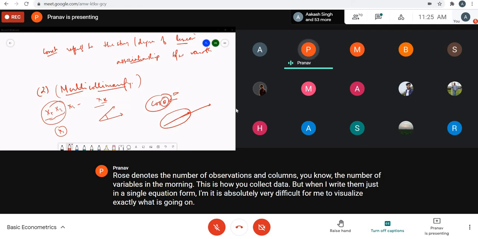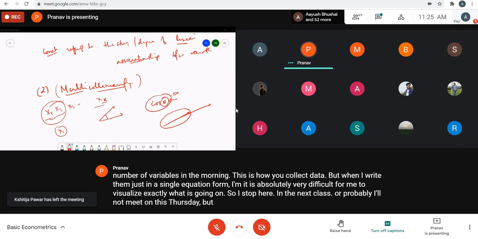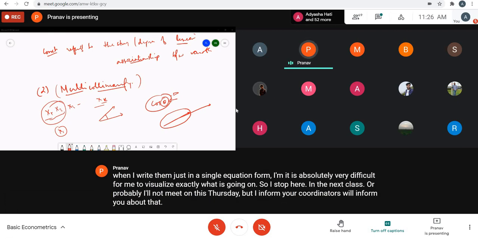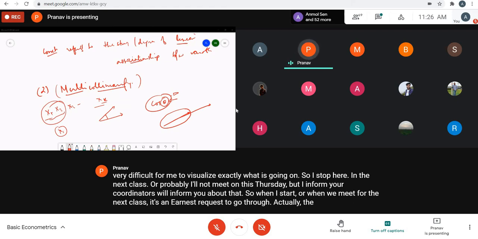So I'll stop here. In the next class, probably I'll not meet on this Thursday, but I'll inform you, or coordinators will inform you about that. When we meet for the next class, it's an earnest request to go through at least the assumptions of CLRM portion.